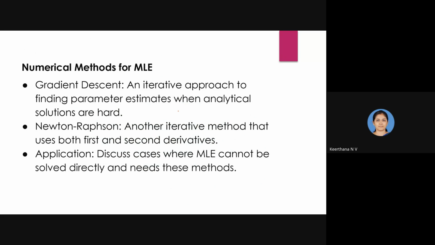What are the numerical methods applicable for MLE? Gradient descent and Newton-Raphson are the two methods. These two methods follow an iterative approach while dealing with the analytical solution, but it will provide NP-hard analytical solutions while you are working with MLEs.